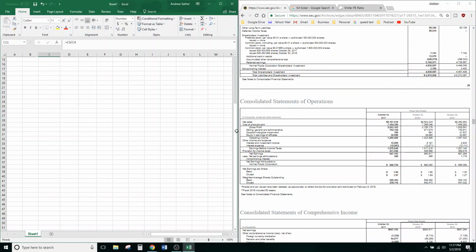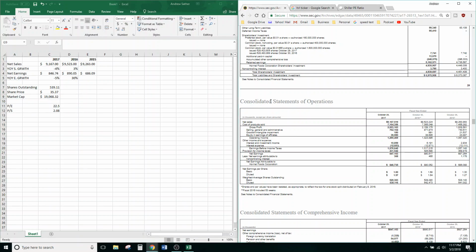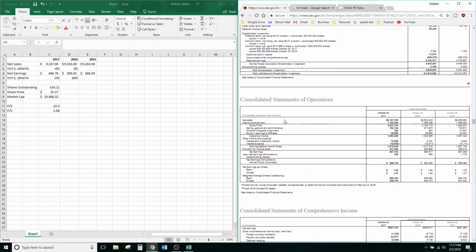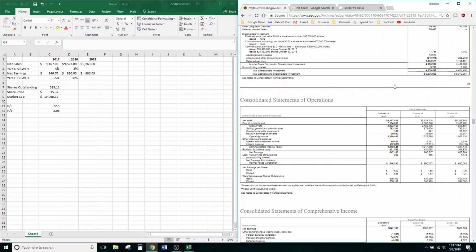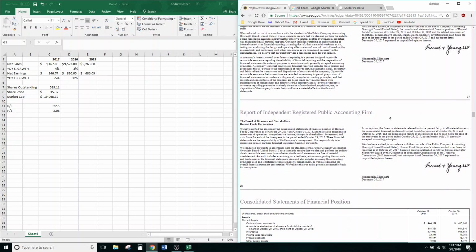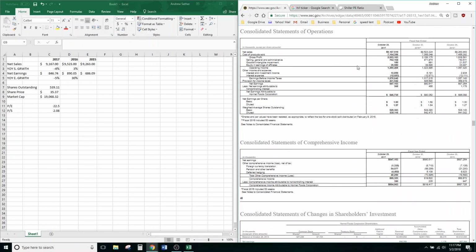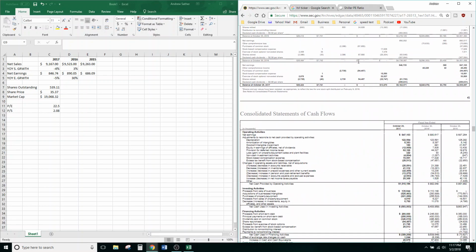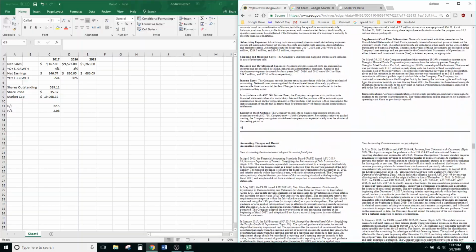Now, one last thing I wanted everybody to know about the income statement is what can be helpful to gain further understanding on what's going on with the income statement is to look at the footnotes. And I don't know if you'd refer to them as the footnotes or just the section that's outside of the income statement.